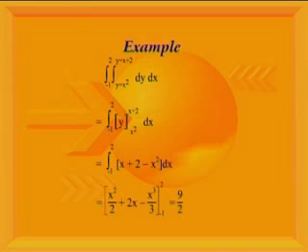With respect to y, the integration of 1 is y, and after giving these limits y is equal to x square and y is equal to x plus 2, it becomes x plus 2 minus x square. So we integrate x plus 2 minus x square with respect to x between the limits of x, and that is equal to x square over 2 plus 2x minus x cube over 3, limits from x is equal to minus 1 to x is equal to 2.